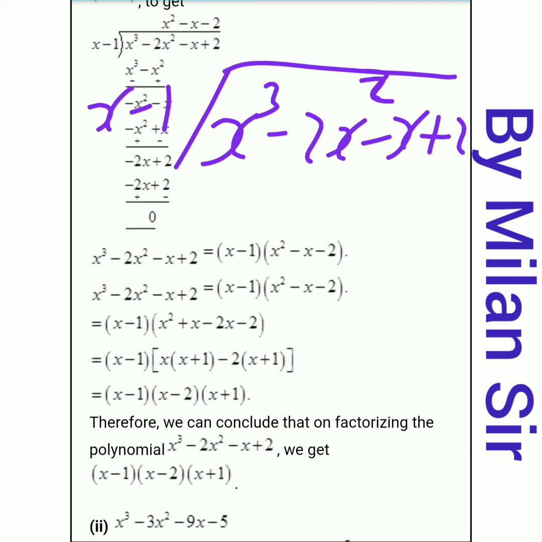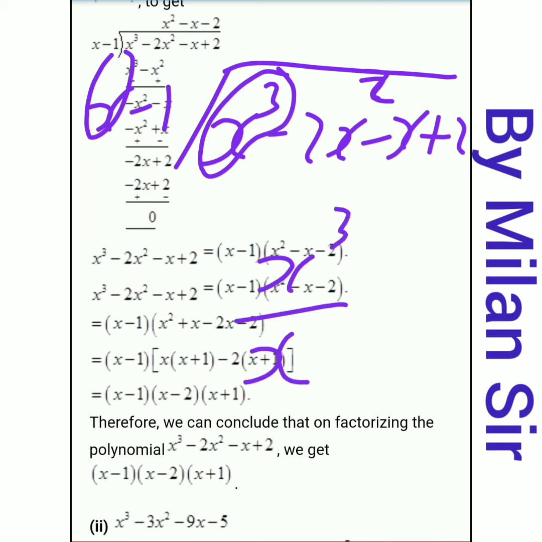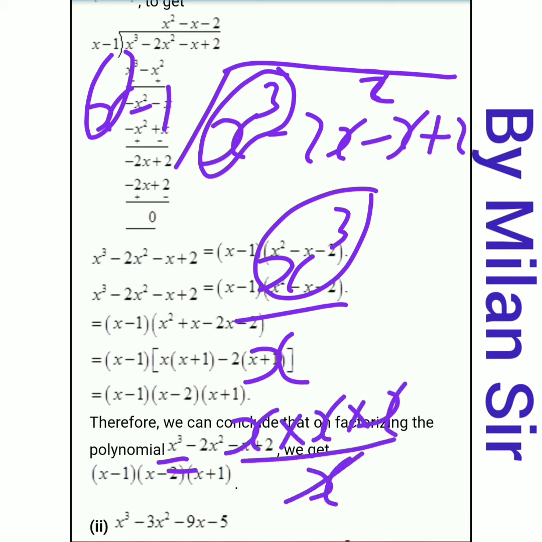Now for the answer, first divide the first term by the first term. That means x cube divided by x, it is x square. So this x square we need to write in the answer.